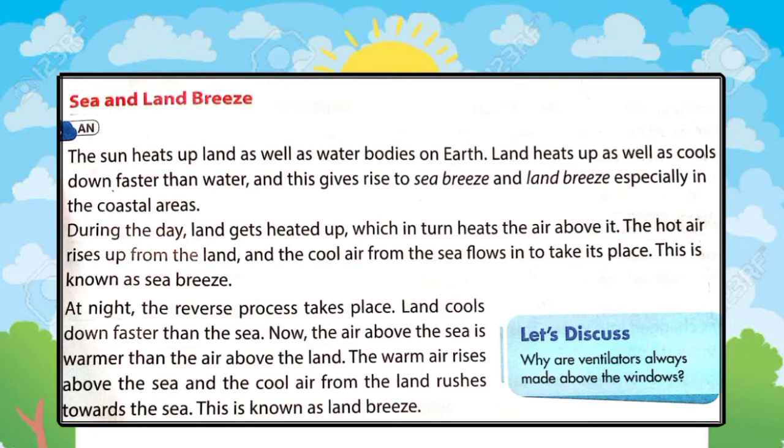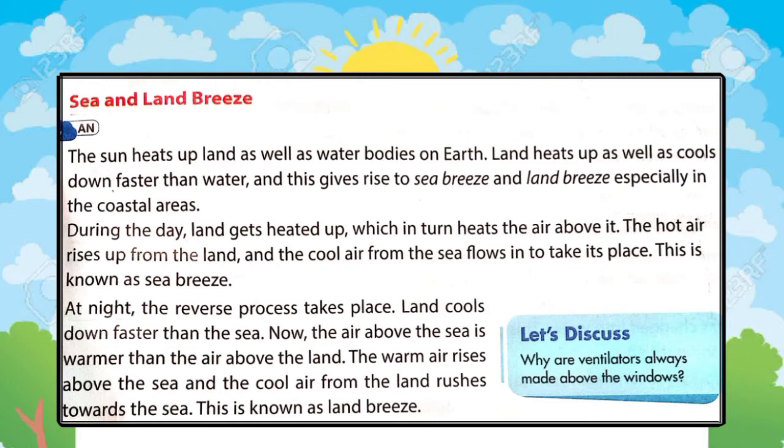During the day, land gets heated up, which in turn heats the air above it, and the hot air rises up from the land, and the cool air from the sea flows in to take its place, and this is known as sea breeze.